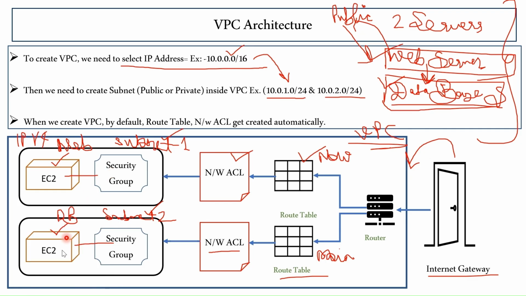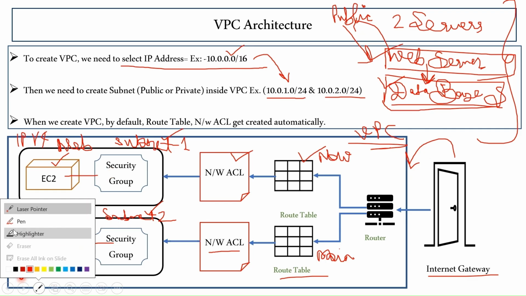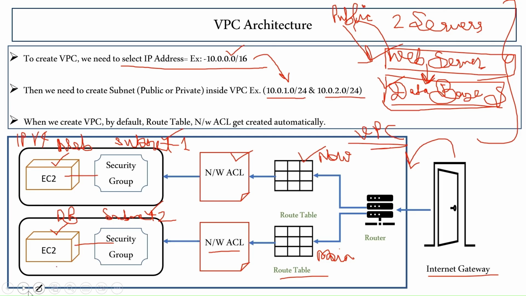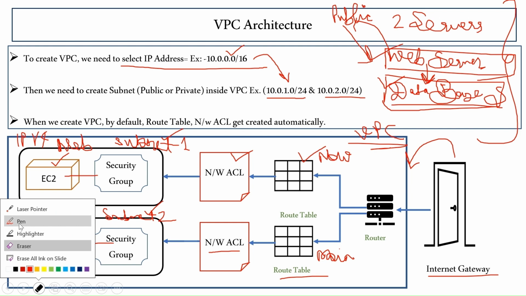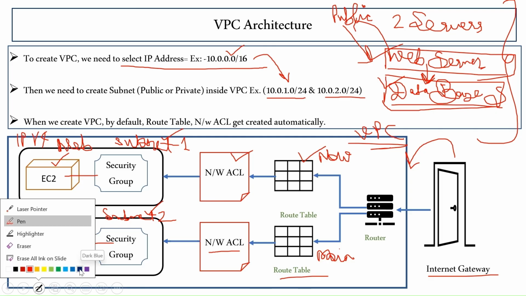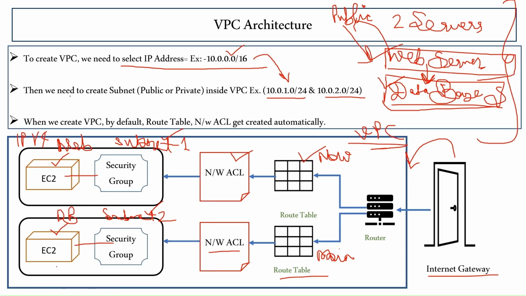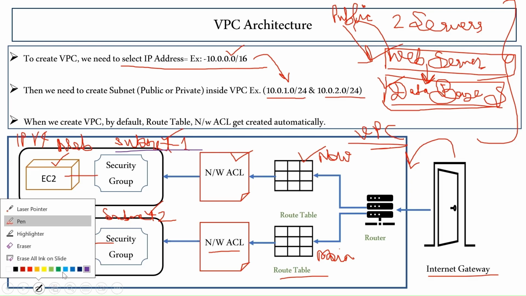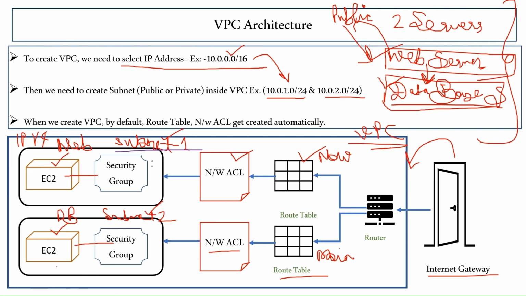Let me erase everything. Okay, this cannot be erased. So in this subnet 1, we can have a NAT gateway here.